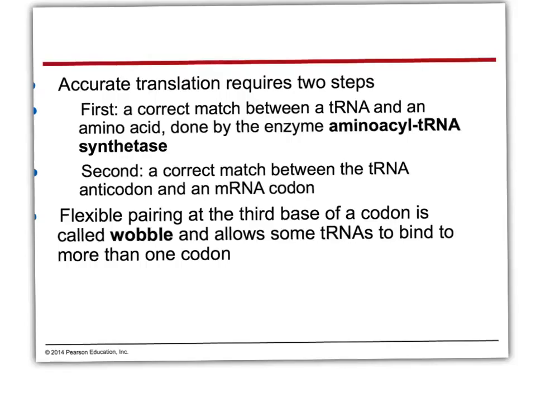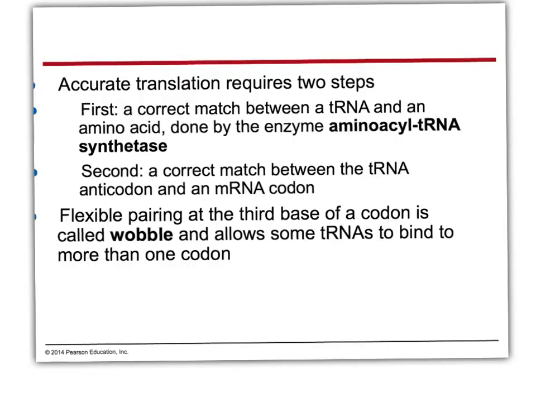There is what's called the wobble effect, or the wobble hypothesis, which is that sometimes with the base pairing between the anticodon on tRNA and the codon on RNA, the third base pair has some flexibility.